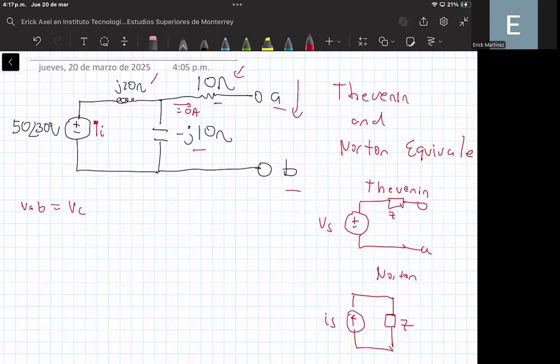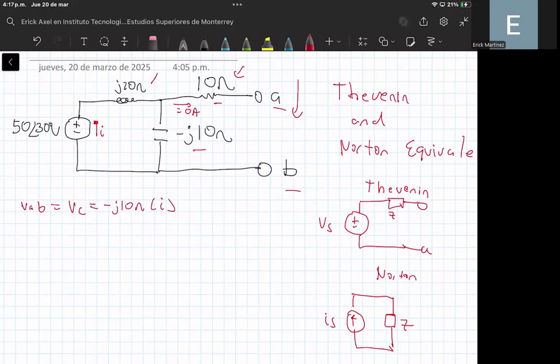So we need to compute this voltage of the capacitor, and we can say that the voltage of this capacitor is equal to the impedance of the capacitor, that is minus J 10 ohms, times the current, okay? So the current is the same current that is flowing from the voltage source to the inductor, and then it goes to the capacitor, okay?